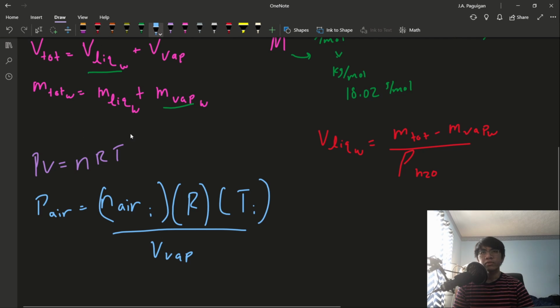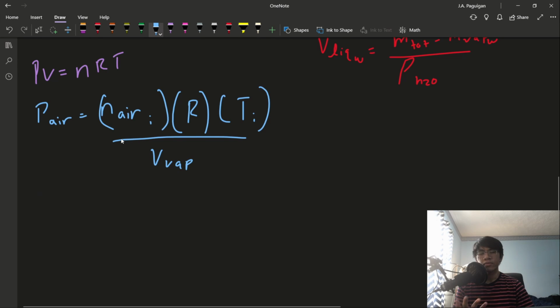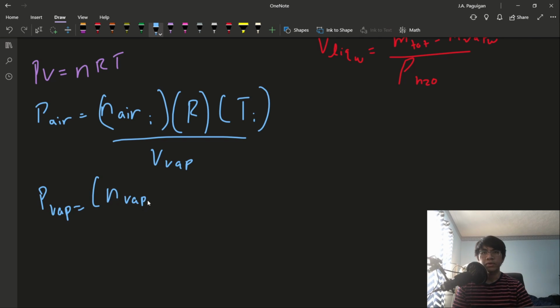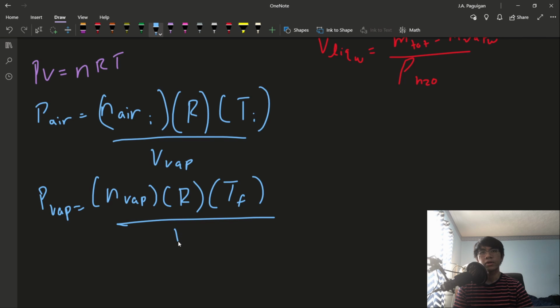Let's keep on writing with the ideal gases. So we also have air, and our other gas, our vapor, our pressure of the vapor. And we can write that as the moles of the vapor times the universal gas constant. And we're going to use that for SI units, and because I didn't say that before, the 8.314, I believe, joules per kilogram mole, and then final temperature over also the same volume of the vapor.